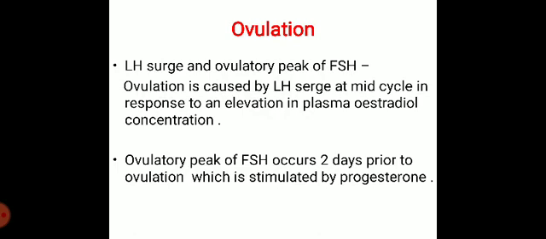The increase in the LH surge starts from 34 to 36 hours, and it leads to the peak point at 12 to 24 hours before the ovulation. Immediately before the LH peak, the estradiol level in the plasma falls.